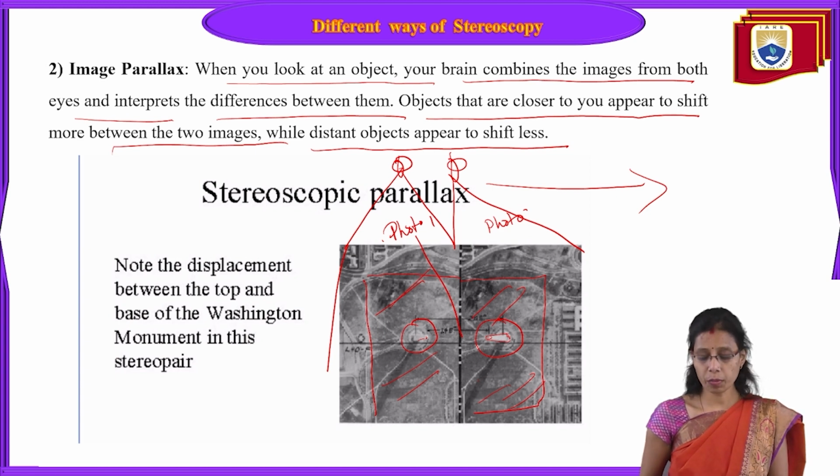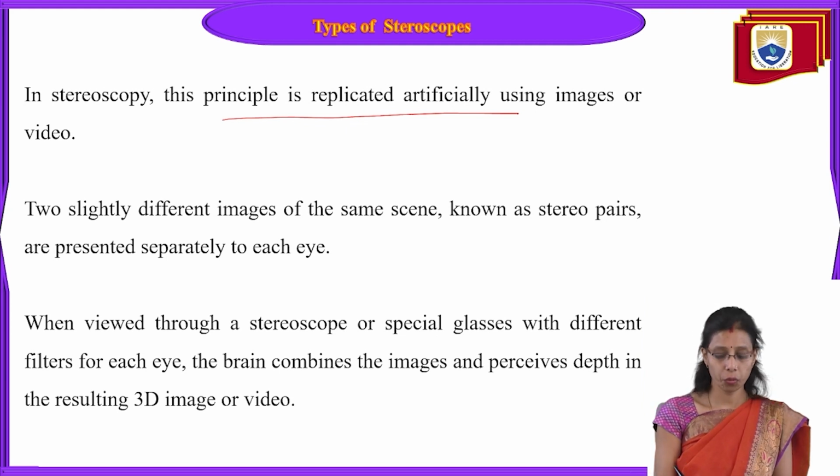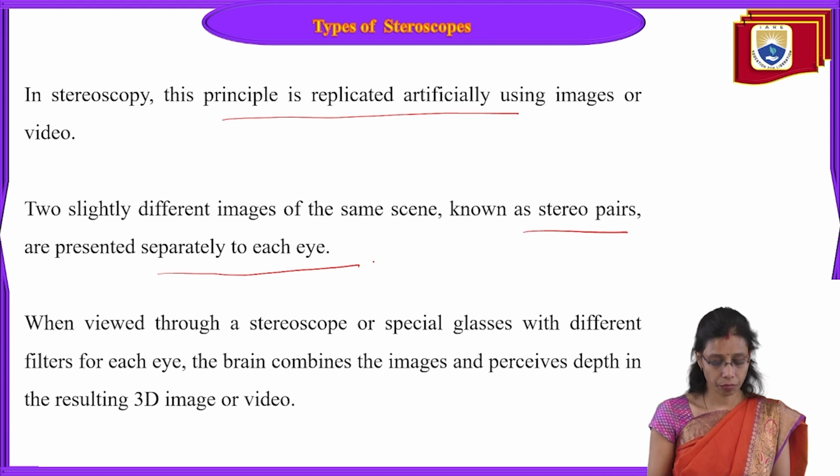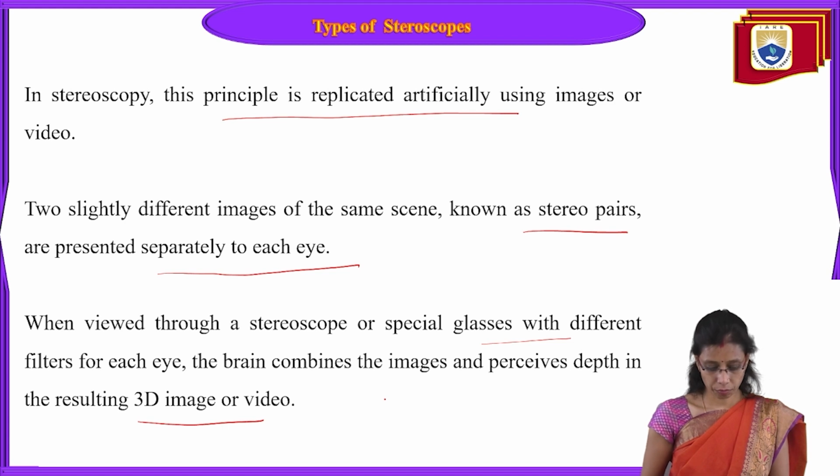So two slightly different images will be known as stereo pairs, presented separately to each eye. When viewed through a stereoscope or special glasses with different filters for each eye, the brain combines the images and perceives depth in the resulting 3D image or video.